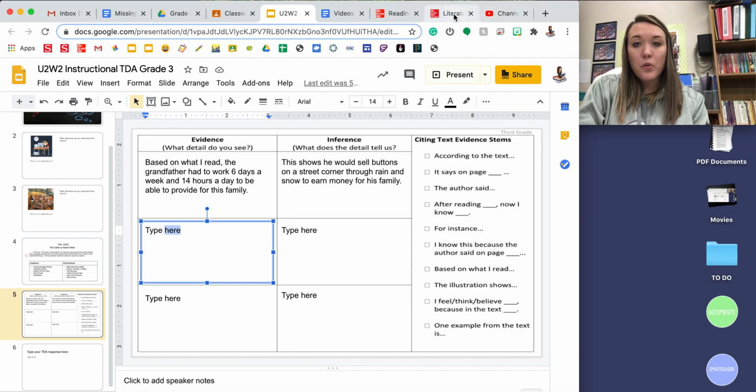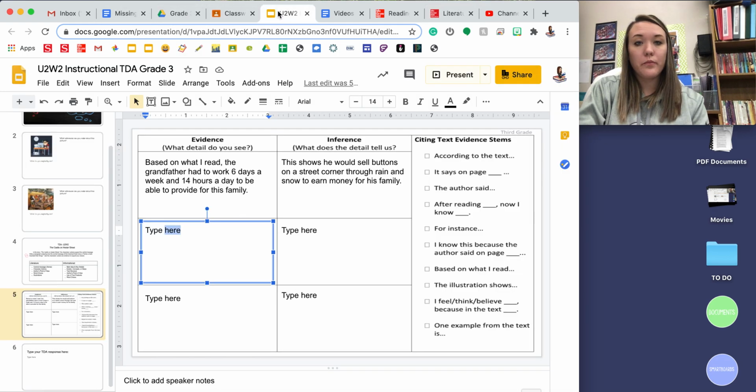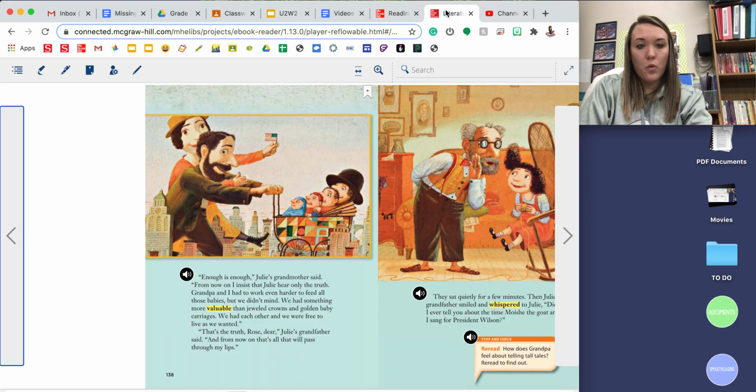So I am going to pull where grandmother said on page 138, that Grandpa and I had to work even harder to feed all those babies, but we didn't mind. I'm going to use the sentence stem that says, it says on page, and I believe that was 138.